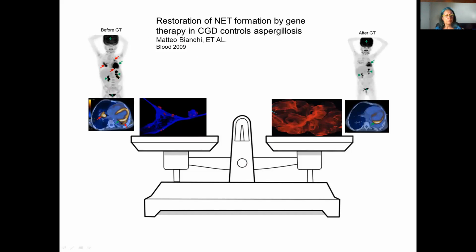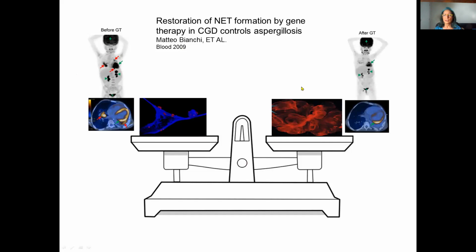All these red spots are a PET scan, where they show the dissemination of the infection.